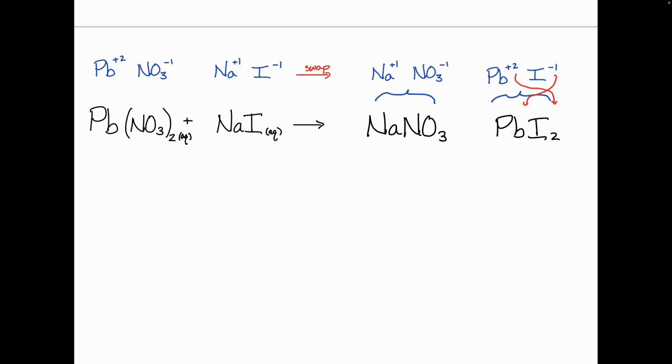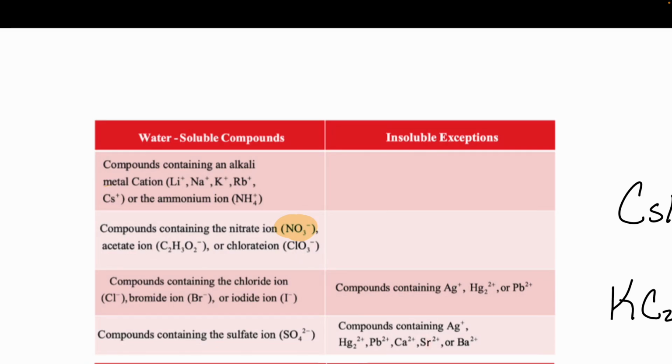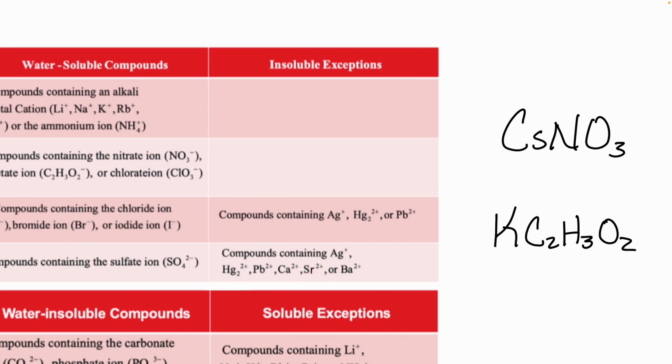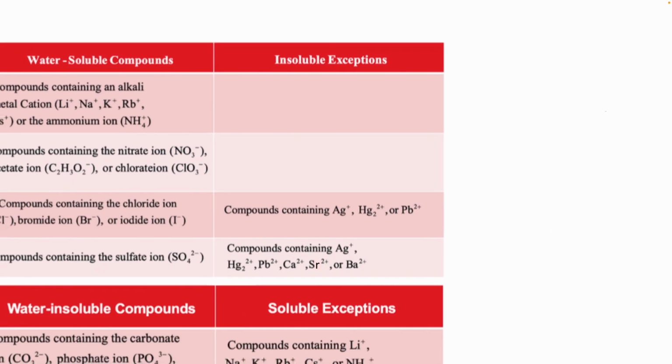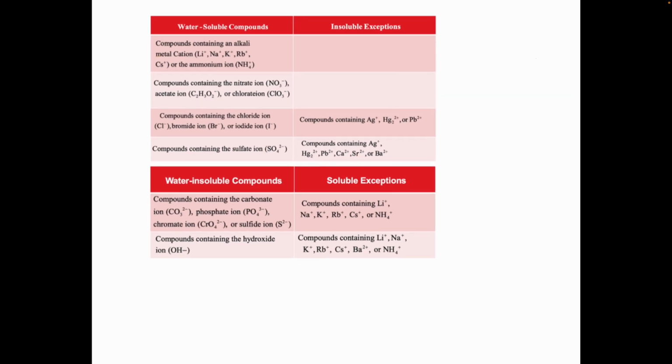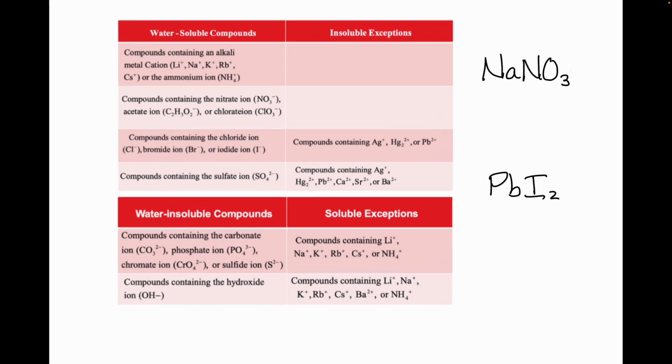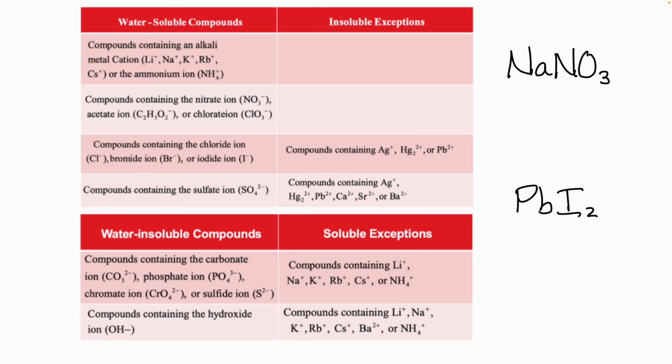All right, I'm going to go to my solubility table here. And ignore all this. And for these two compounds, I'm going to classify them as being either soluble or insoluble? So everybody take a second. Sodium nitrate and lead 2 iodide, are they soluble or insoluble according to our table?